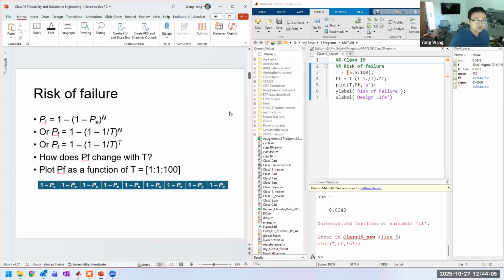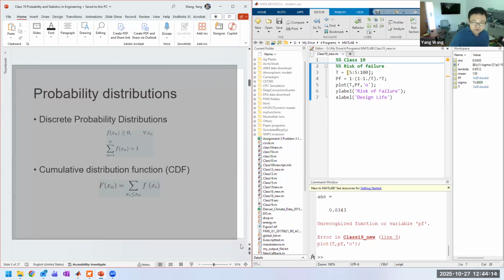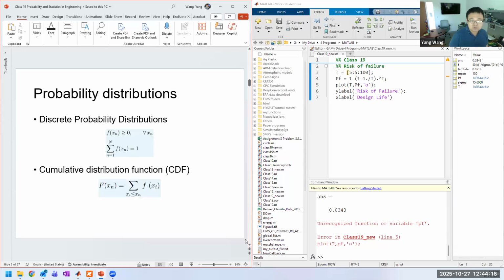And then we already did this plot over here. So this is the first definition, right? We were talking about the risk of failure, but a lot of times in environmental engineering, or in all types of engineering systems, we're trying to calculate the probability of a system achieving a certain type of property, right? For example, you're talking about rainfall.